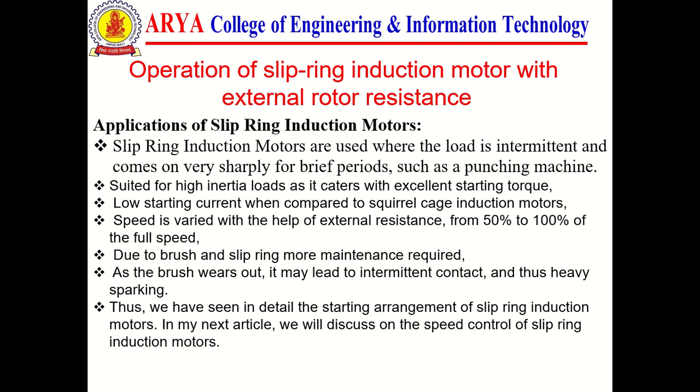It caters with excellent starting torque, low starting current when compared to squirrel cage induction motors, and speed is varied with the help of external resistance from 50% to 100% of the full speed.